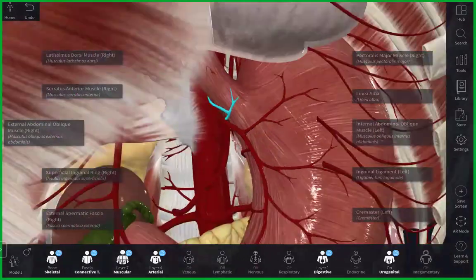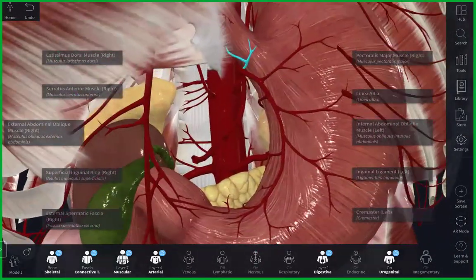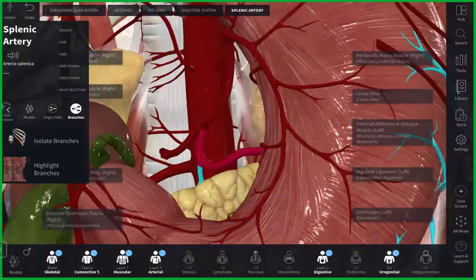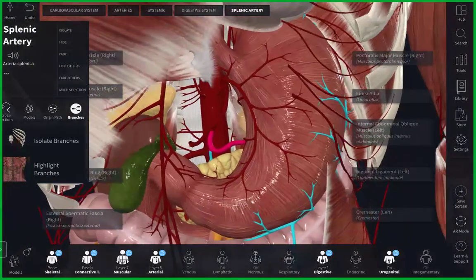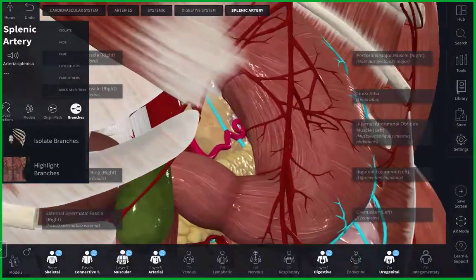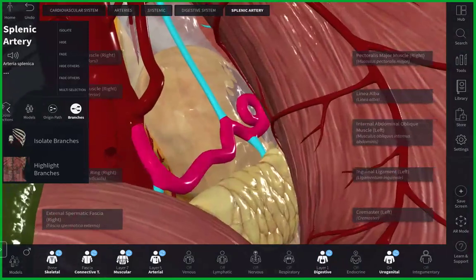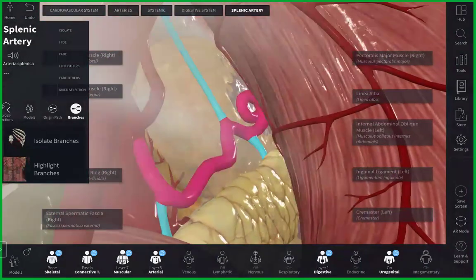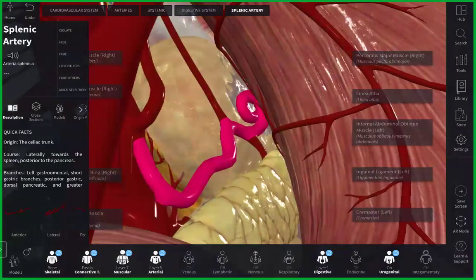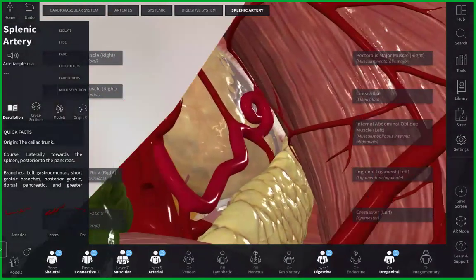Okay. So the second one is a very tortuous artery. Let me show you from this side. See how lucky we are to be studying anatomy at this age. So this is the tortuous splenic artery.